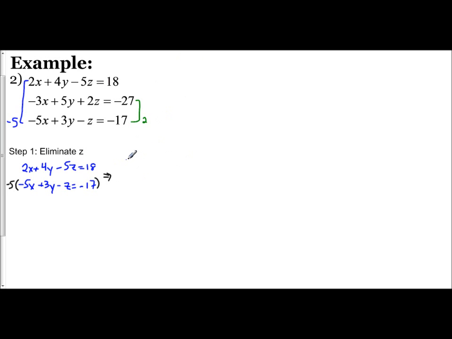So the top equation stays the same, 2x plus 4y minus 5z equals 18. The bottom equation, multiply by negative 5, you get a positive 25x. You're going to get negative 15y. And again, look, x above x, y above y, we see it's being organized. And then a negative 1 and negative 5 gives me a positive 5z.